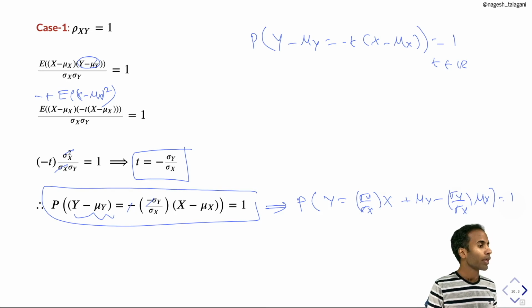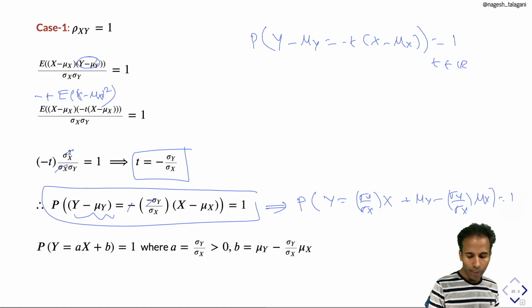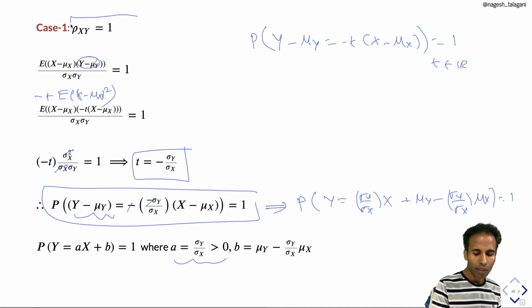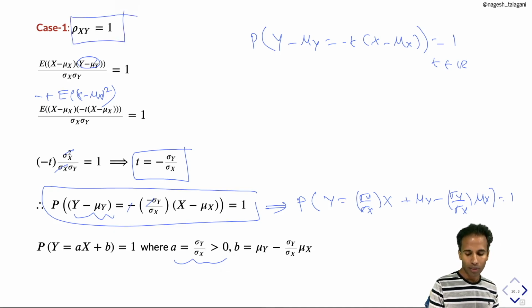Okay, so I can write Y equals aX plus b with probability 1, where a is sigma Y by sigma X, which is positive, and b is mu Y minus sigma Y by sigma X times mu X. That means we can say that when the correlation coefficient is 1, Y is perfectly linearly related with X in the positive direction.